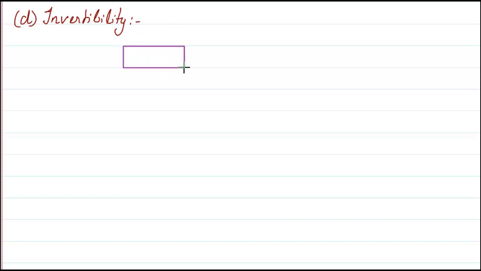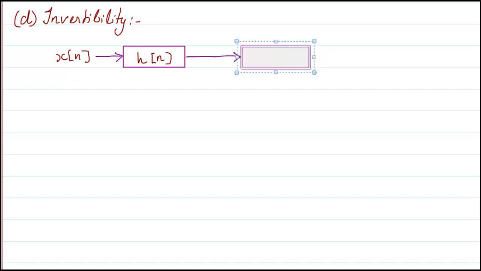It says that suppose you have a system in which the input is x of n, the system is h of n, and the output coming out of that is y of n, and suppose that y of n we put into another system, such that now the output comes out to be x of n itself. That means I have got the x of n back.